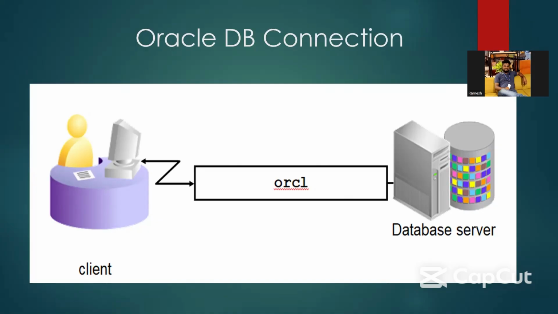If ORCL is our service name and it is available, and the listener validates that ORCL is a registered service, then the connection is established to the user. This is the flow.